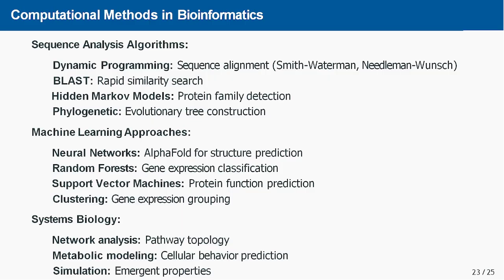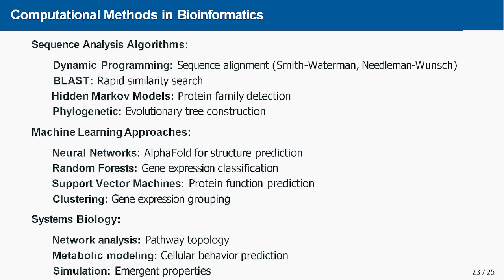Then some computational methods in bioinformatics. Some are sequence analysis algorithms like dynamic programming, BLAST for rapid similarity search, hidden Markov models for protein family detection, and phylogenetics for evolutionary tree construction. Machine learning approaches are very popular nowadays.